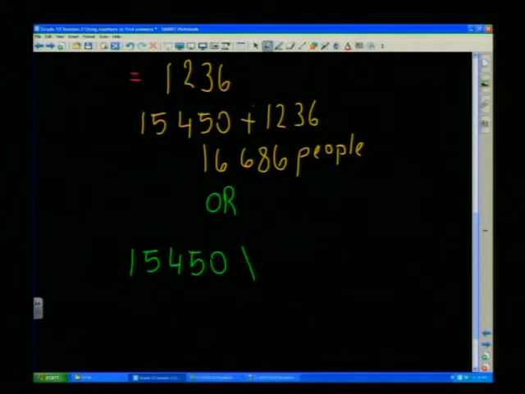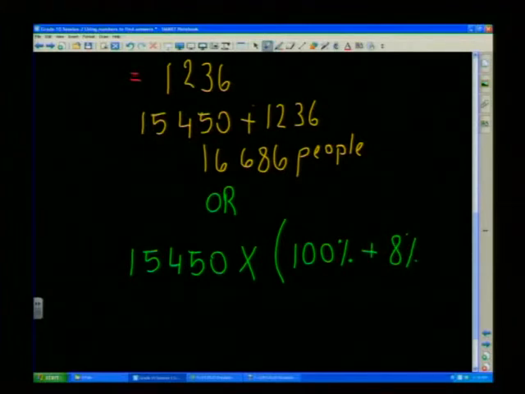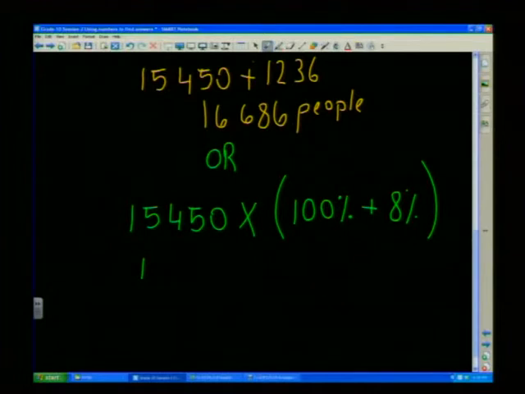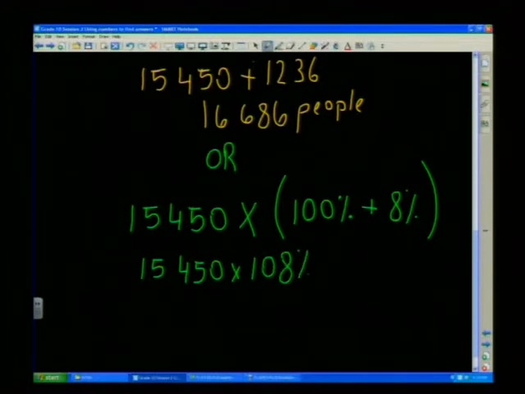I want to increase it, and with percentage we always multiply, and I'm going to increase it by 100% plus my percentage increase. So I'm going to do this in one step. I'm going to multiply my 15,450 by 108%.